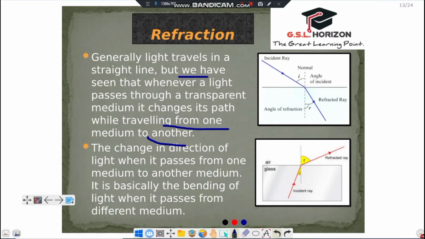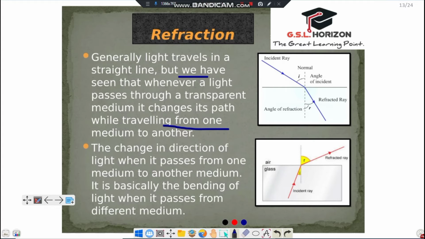As we can see on our screen, it moves at some angle. It does not pass in a straight line.